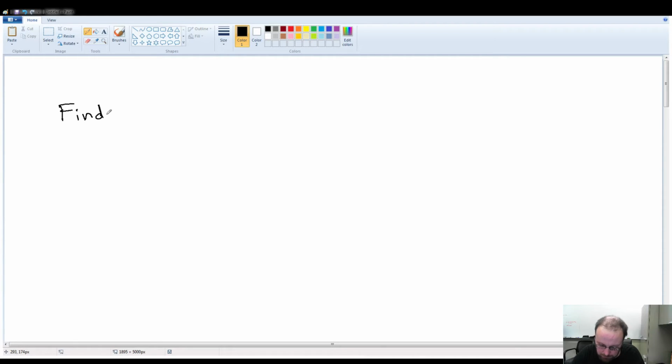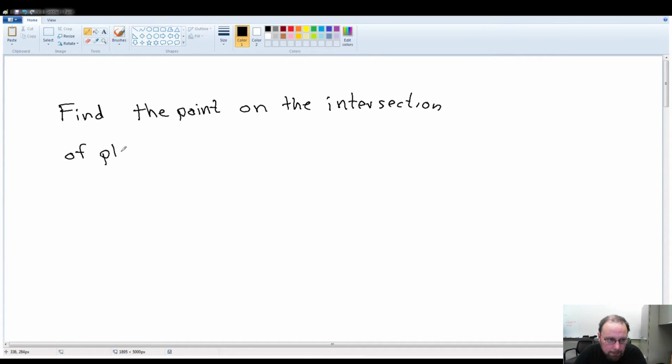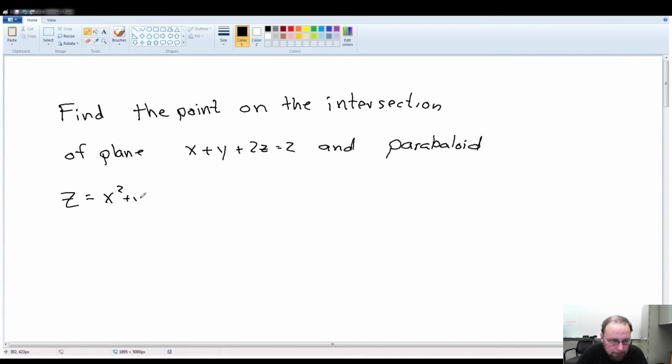We're going to find the point on the intersection of the plane x plus y plus 2z equals 2, and the paraboloid given by the equation z equals x squared plus y squared.